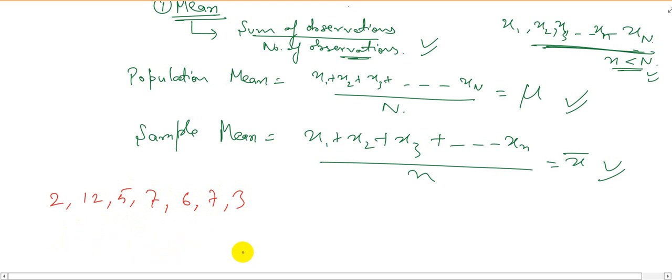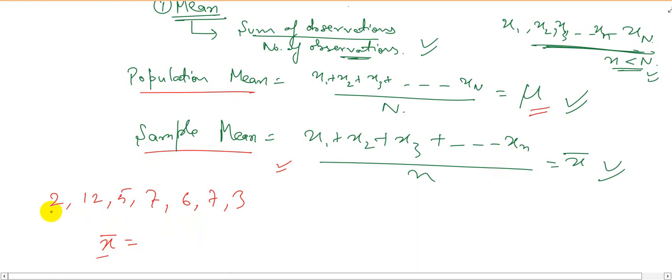If it is not given what kind of mean you need to find, we'll take it as the sample mean, or we'll just denote the general mean as x dash. But if it says population mean, then we have to use mu. If it is not given whether we have to find the population mean or the sample mean, then we'll just denote that mean with x dash. So this point should be clear.